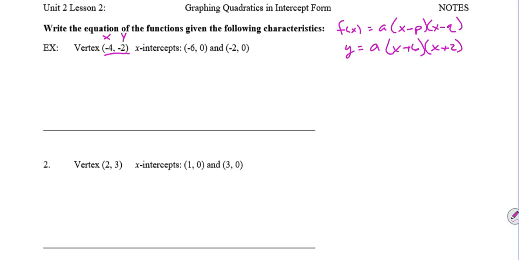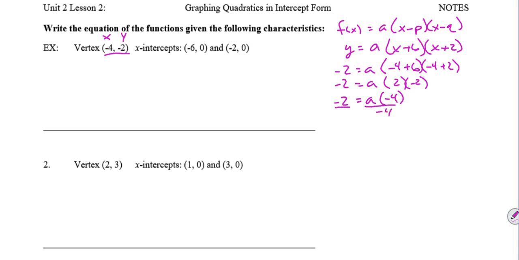So I can plug that in. -2 equals a times -4 plus 6 times -4 plus 2. So -2 equals a times 2 times -2. So -2 equals a times -4. Divide by -4. And I get 1/2 equals a.